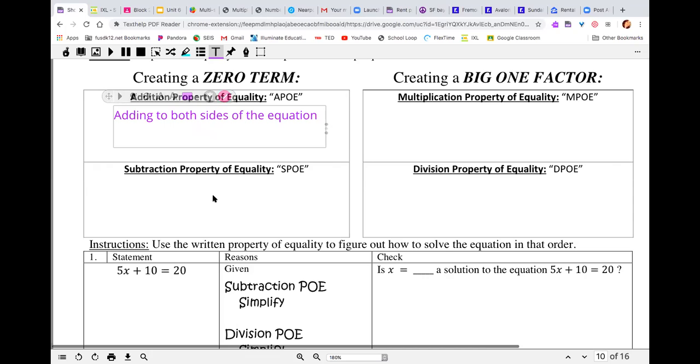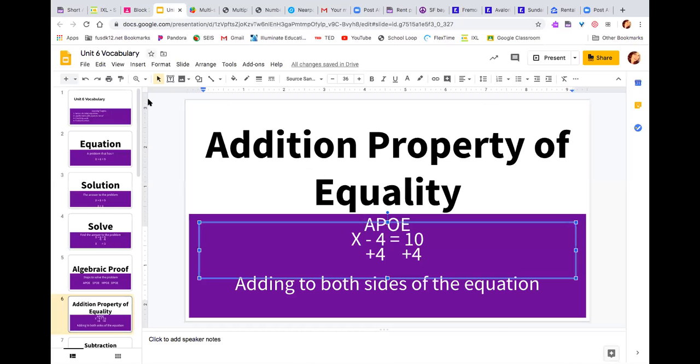And then what does subtraction property of equality mean? If addition property of equality means to add to both sides of the equation, what would subtraction property of equality mean? Subtract both sides of the equation.